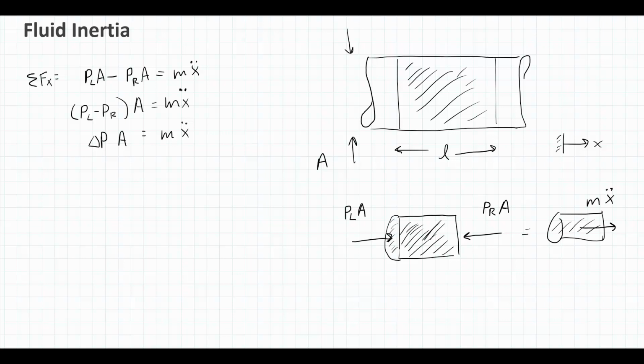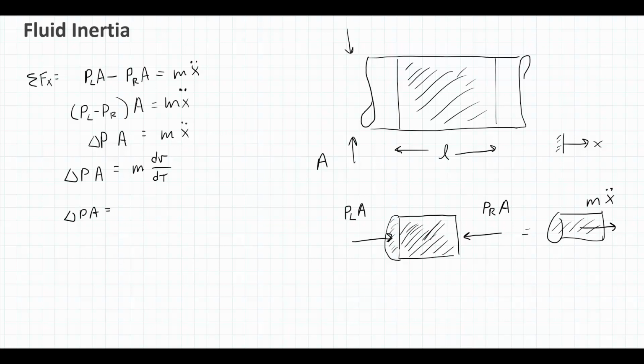Now I can do a little bit of manipulation of how I am expressing some of these variables. Instead of x double dot, well, x double dot is the acceleration. I could also write that as the time rate change of the velocity, so dv dt. Acceleration is just the time derivative of velocity. So I've just rewritten it in a different way. And I can make another adjustment on the next line.